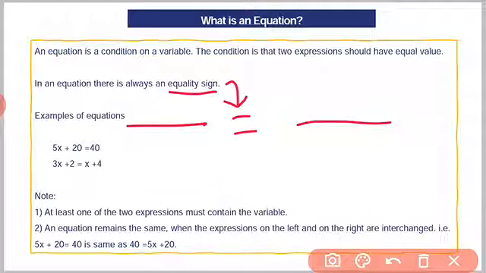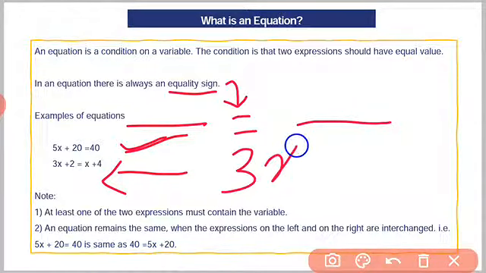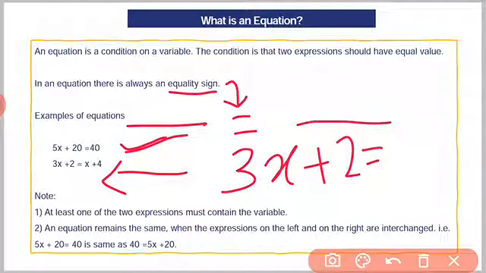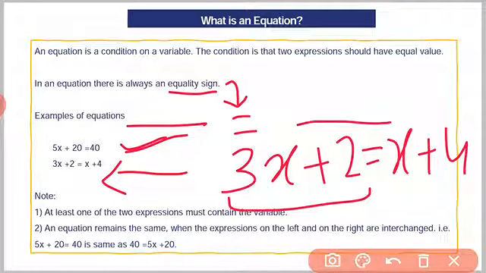So let us see examples of equations. The first one, we see that 5x plus 20 is equal to 40. This was created by ourselves only. And the next example is 3x plus 2 is equal to x plus 4. So we see here that there are two algebraic expressions, on the left hand side as well as on the right hand side, and both are algebraic expressions as they have the variable x.